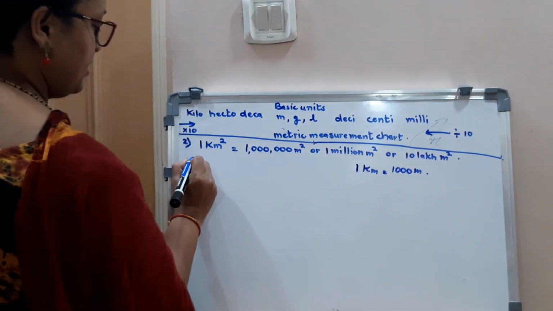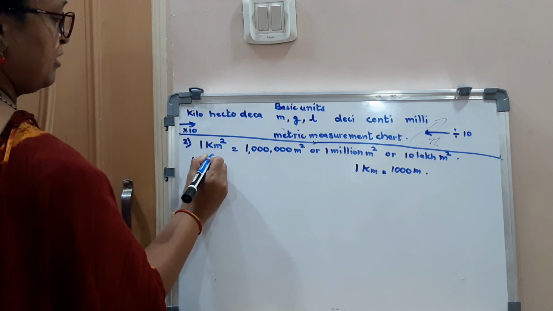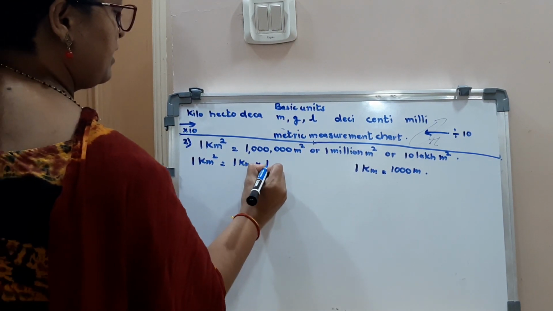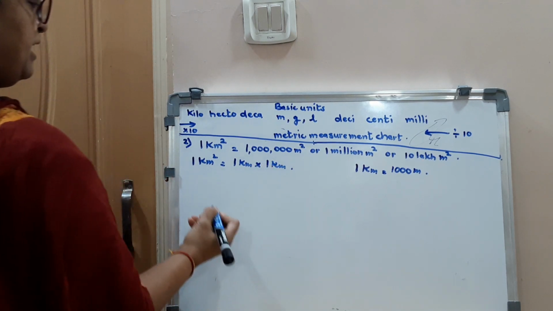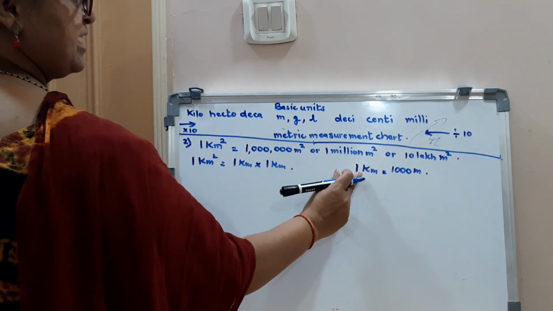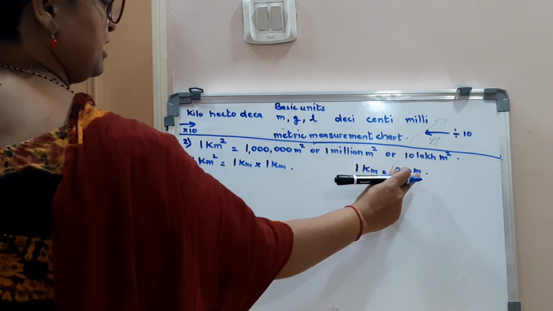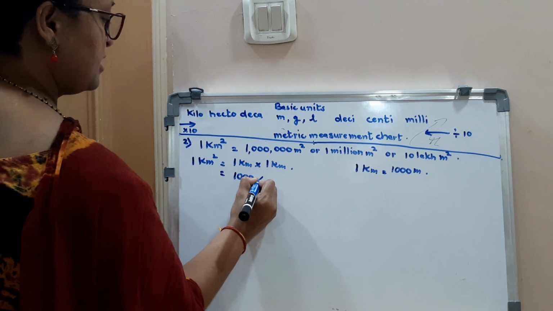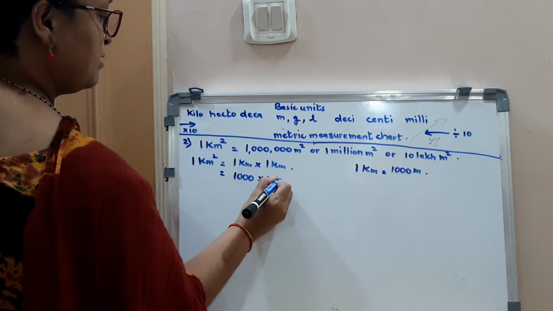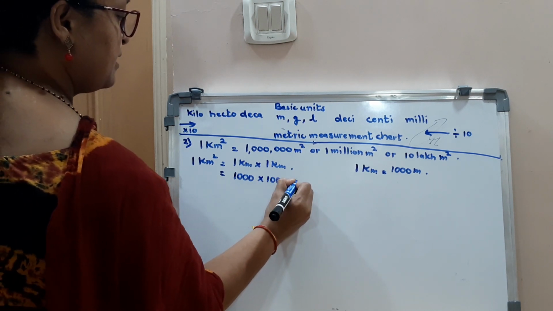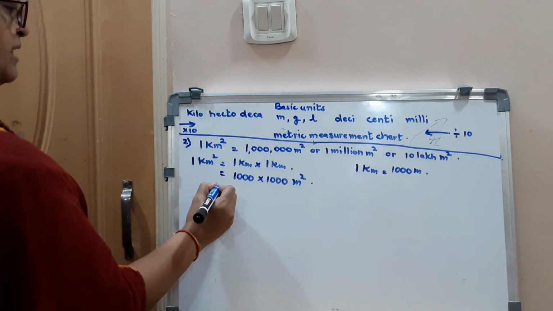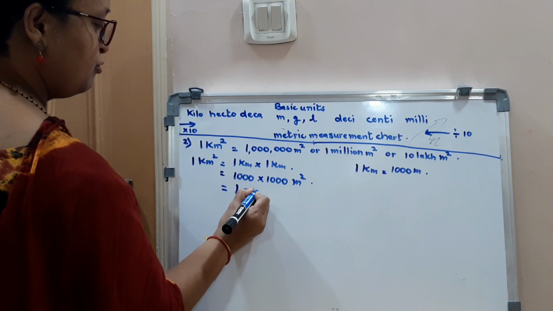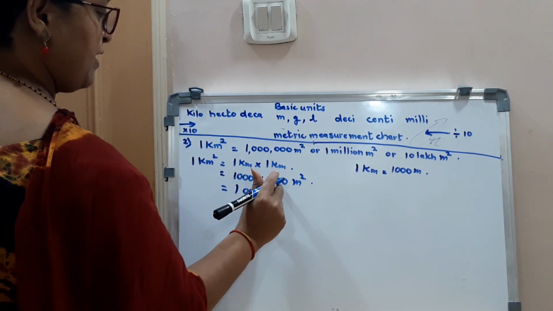According to the powers and roots, again we can write 1 kilometer square is equal to 1 kilometer into 1 kilometer. And according to the metric measurement chart 1 kilometer is equal to 1000 meters, so it will be 1000 into 1000 meter square. And this 1000 into 1000 means 1 2 3 4 5 6.